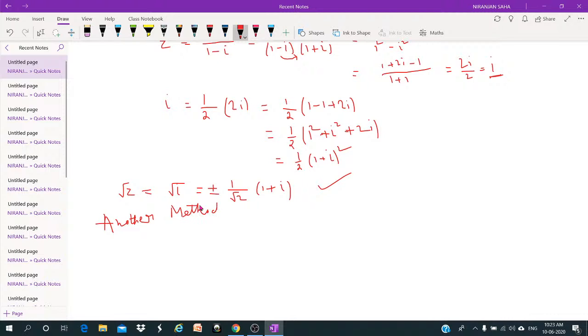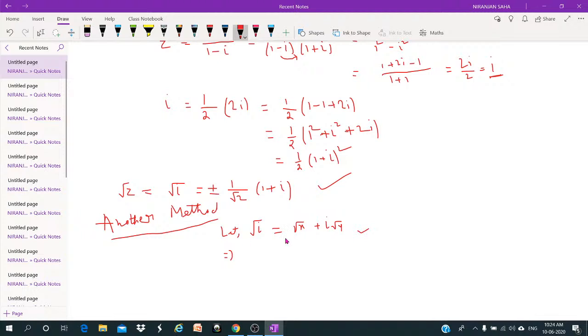We take root over iota is equal to root x plus iota root y.